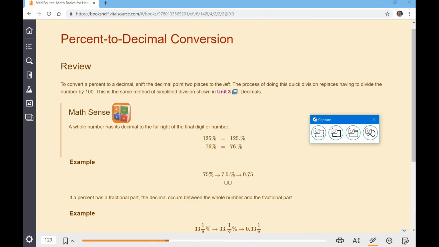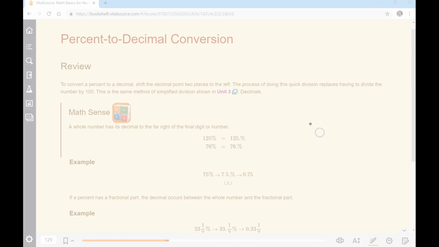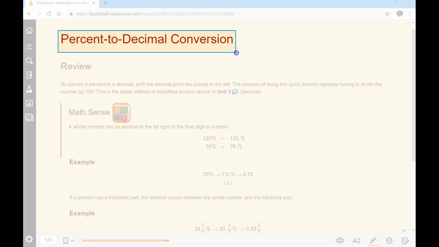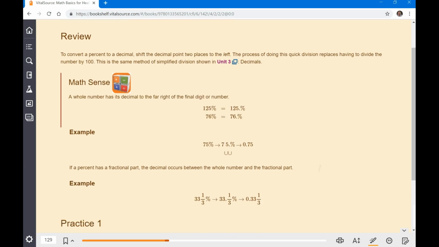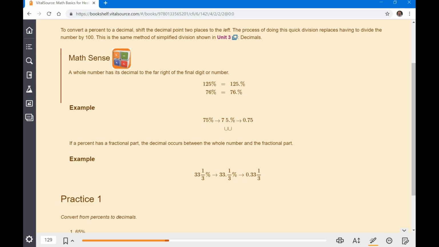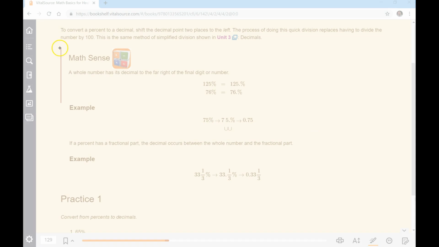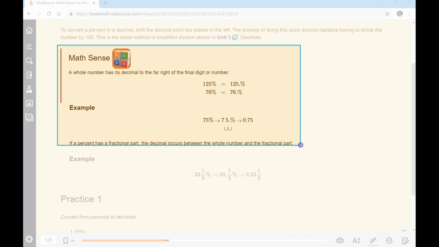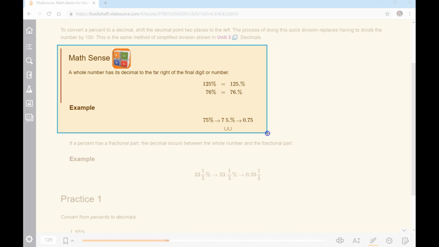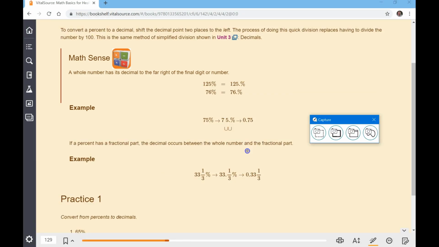So the first thing we want to talk about is converting percent to a decimal. I'll start by reviewing an example that they have.